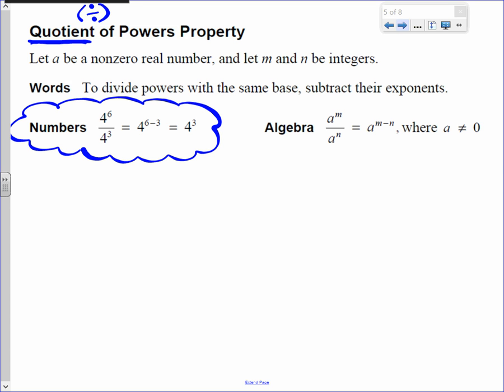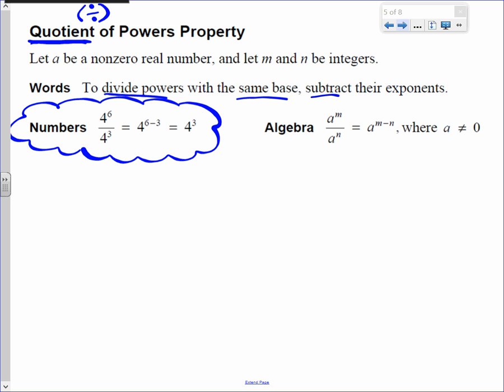The only thing that differs from the previous rule is that we're dividing now, but the same base. What do we do with the exponents? Look what it tells you. Just subtract them.